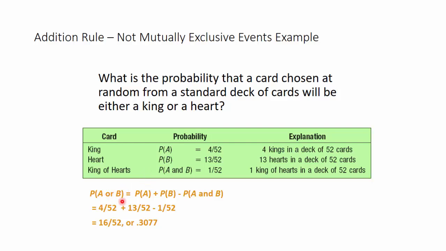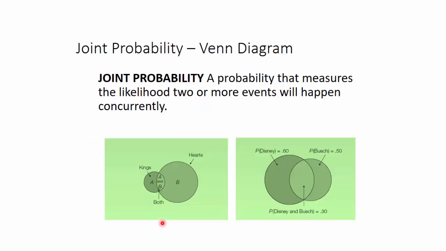So P of A or B equals P of A plus P of B minus P of A and B. So that's 4 of 52 plus 13 of 52 minus 1 of 52. That gives about 30%.